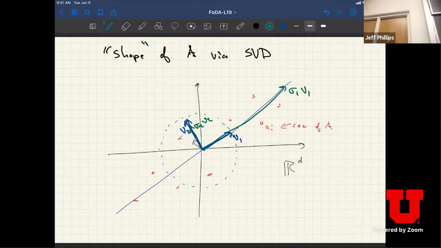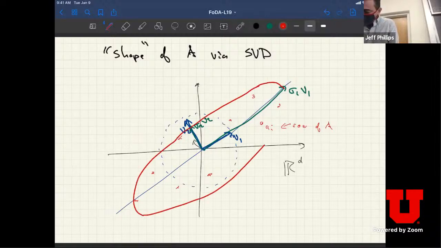Now I've scaled them by the singular values, which gives me a scale along these 2 directions. But there's another aspect here, an elliptical shape. If I drew it okay, it's supposed to be a perfect ellipse centered at the origin, assuming the center is at the origin. That's supposed to capture the shape of the data here.